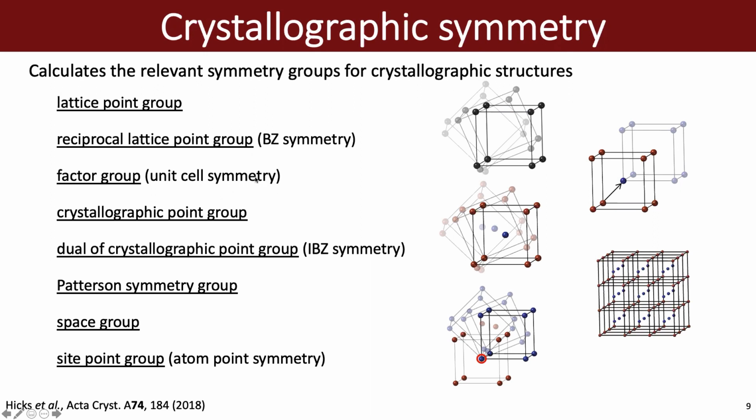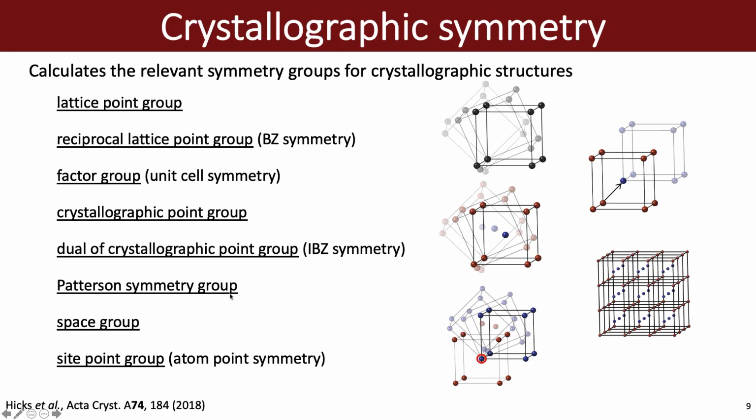So this includes internal translations and rotations and other point group operations. We have the crystallographic point group, which describes the symmetry of the crystal lattice spaces. Then if we take the dual of this, this is the symmetry of the irreducible Brillouin zone wedge. So I think Corey mentioned the irreducible Brillouin zone wedge, and this is the corresponding symmetry description.